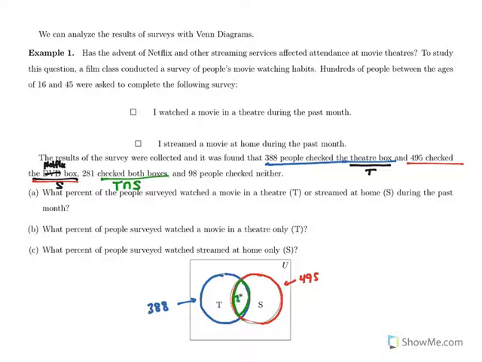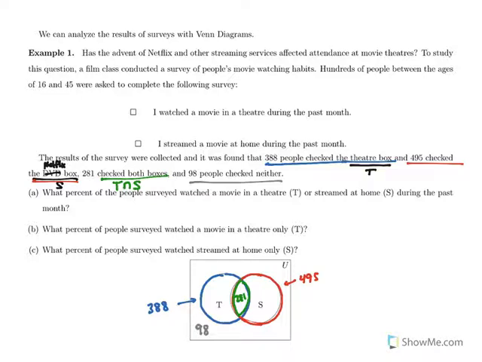There's 281 in the intersection between both T and S. And 98 people checked neither. So there are 98 people on the outside here that did participate in the survey, but are not part of either circle T or S.